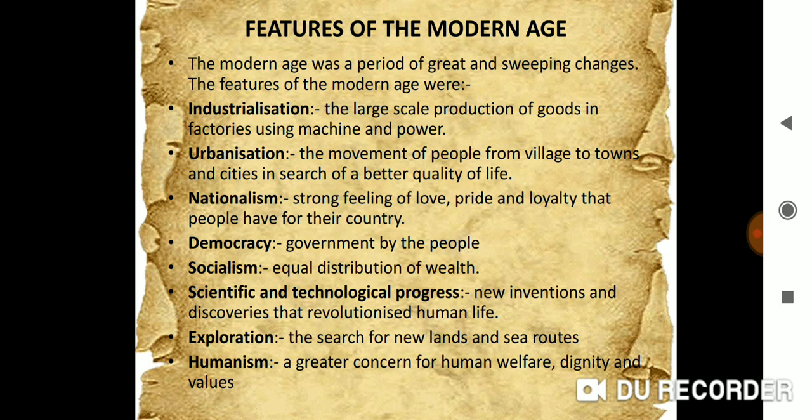Next is humanism, a greater concern for human welfare, dignity and values. The main word is welfare. All of you know that a very critical situation is going on in our country, and all over the world: the COVID-19 pandemic. Now the upper middle class and middle class people are helping the poor people.